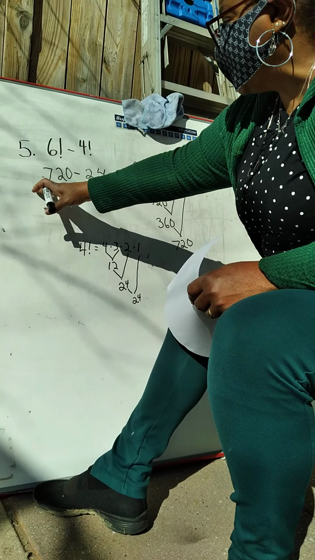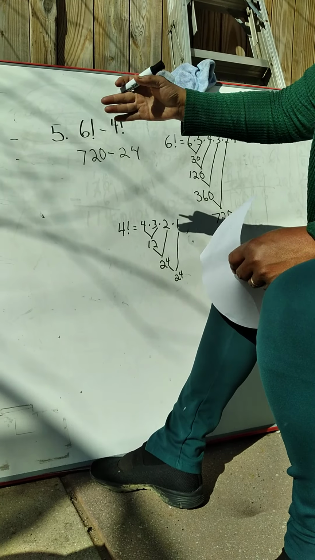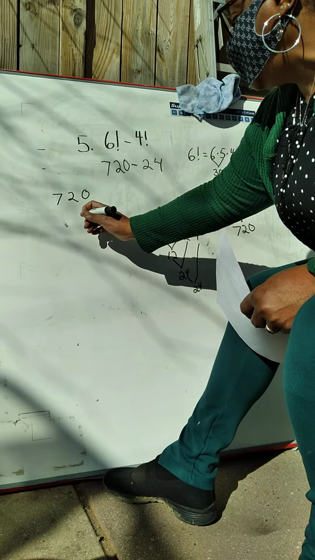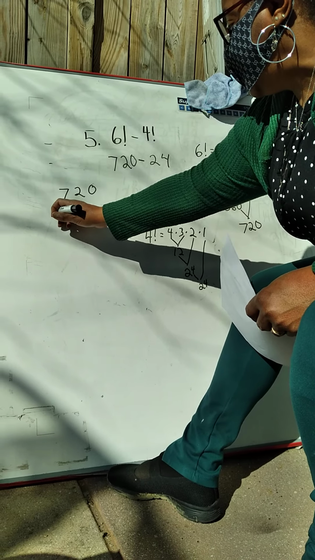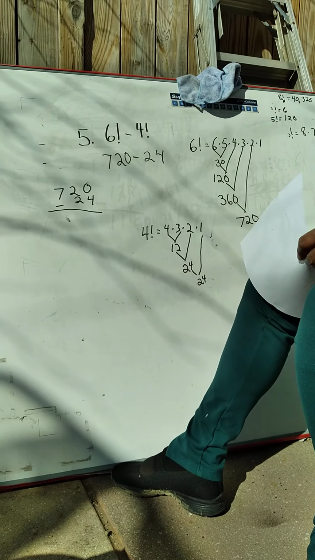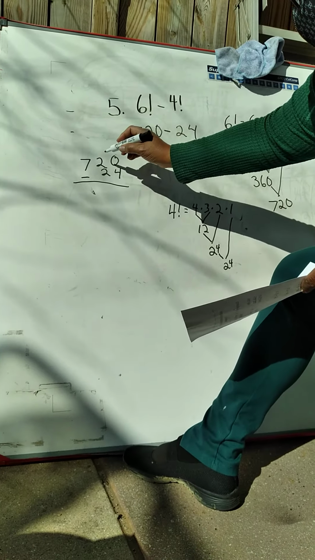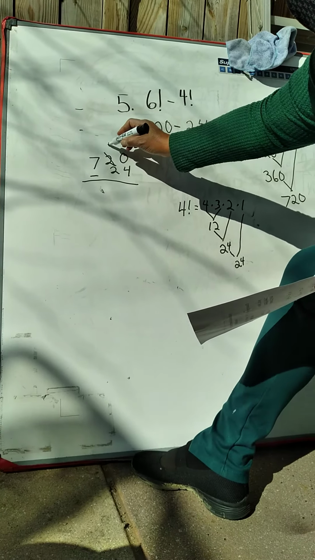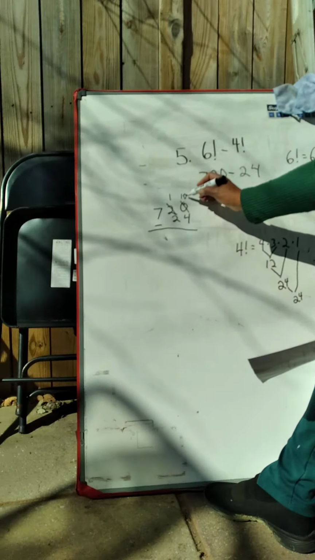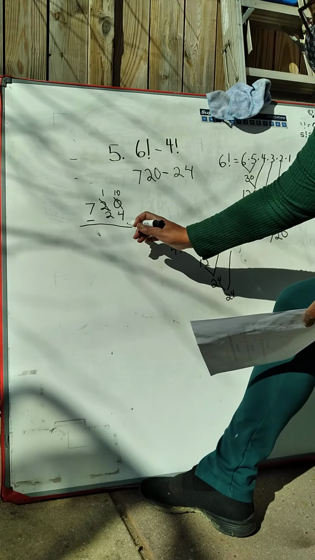I'm going to take this problem, which I've written horizontally, and write it vertically to make it easier to subtract. 720 minus 24. Can I take 4 from 0? No. So I have to borrow from the tens column. That becomes 1. I bring that 1 over here, and this 0 becomes 10. 10 take away 4 is 6.